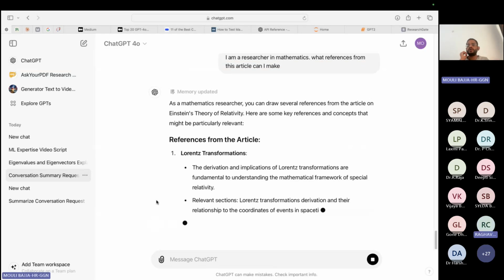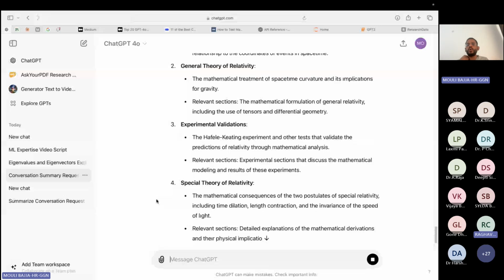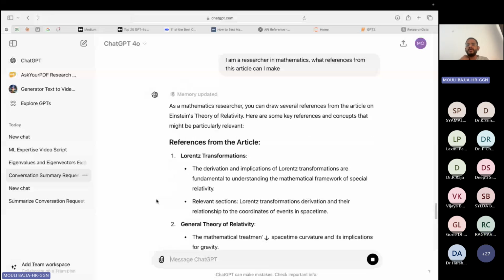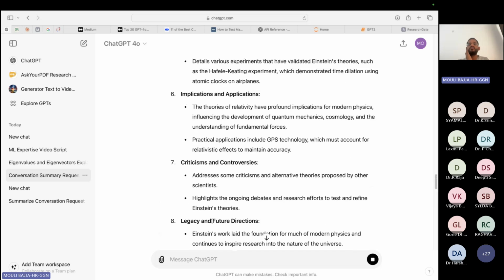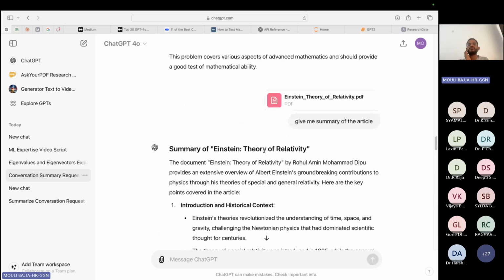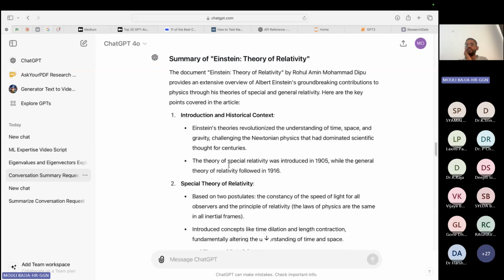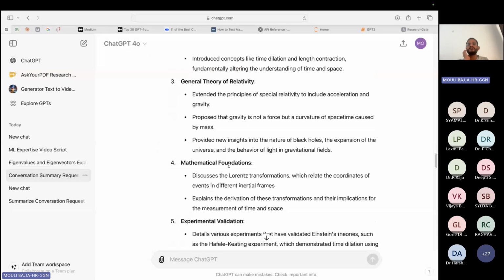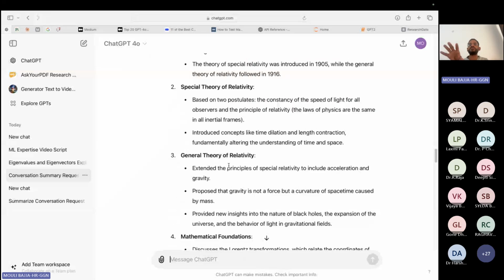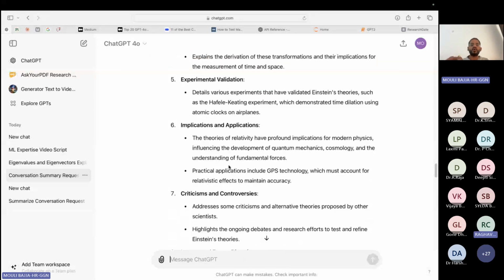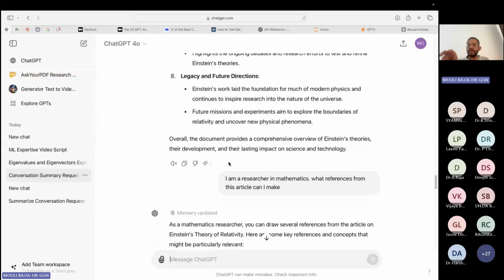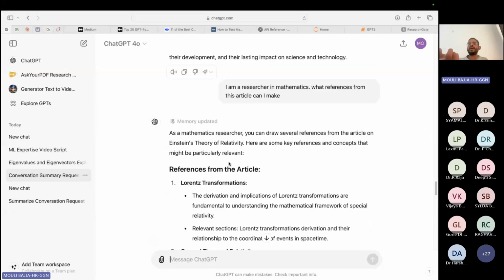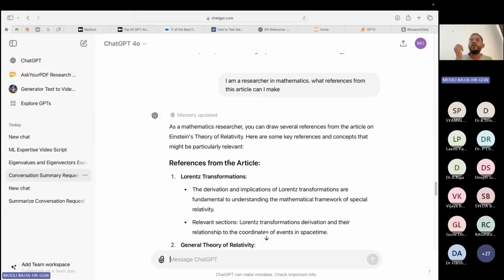All right. So here are two questions. One, we have given a 20-odd page article and we asked for a summary. It gave us the summary in a few seconds: introduction, theory of relativity, special and general, mathematical foundations, experimental validation, and so on. Then if you want only a specific aspect, I am a researcher in maths, what references can I make?